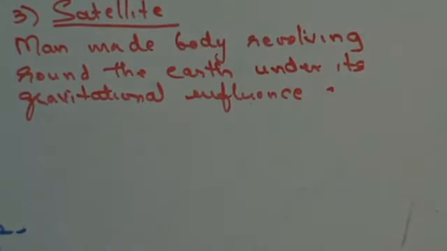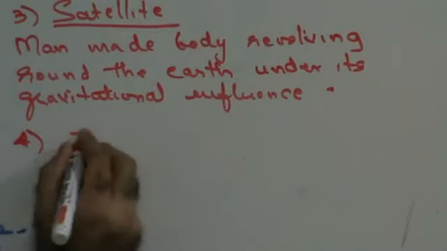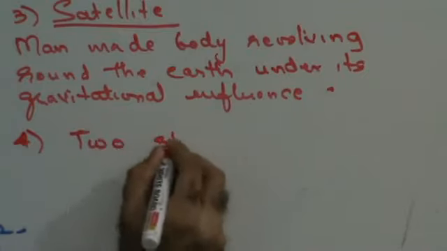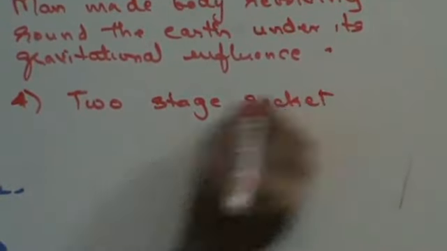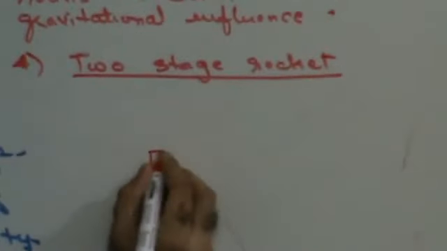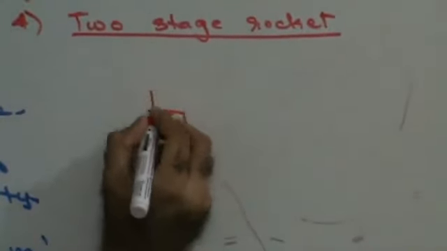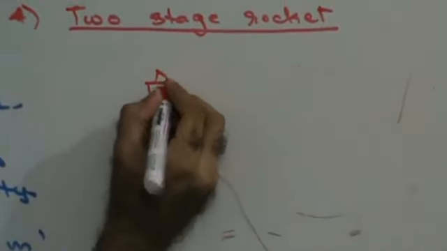Now, let's see this. Why do we need a two-stage rocket to launch a satellite? This is my first stage, second stage, satellite.